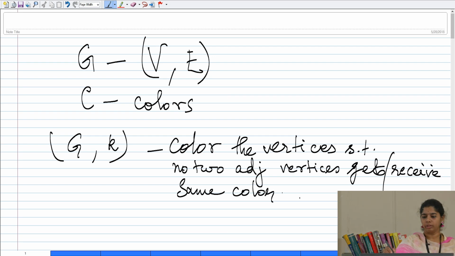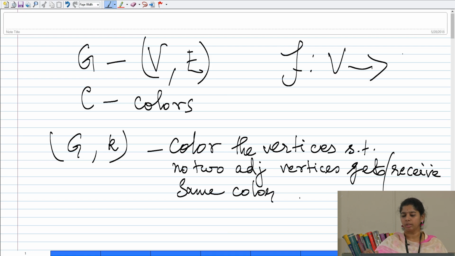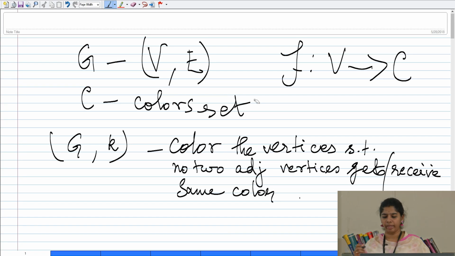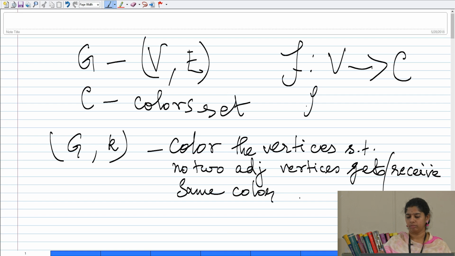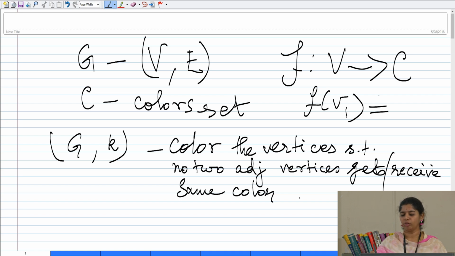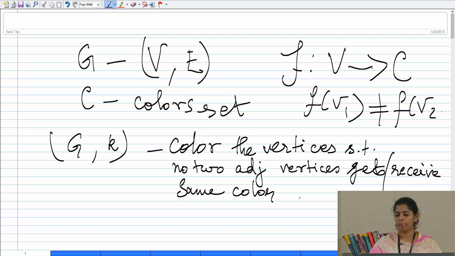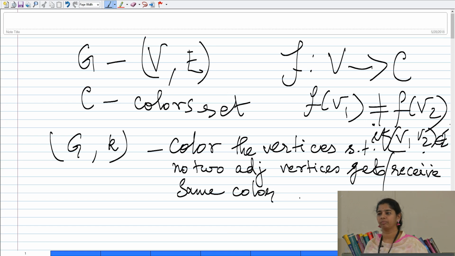Mathematically we will call it a mapping from V to a color set; suppose C is this color set, then I want to find a mapping f from V to C such that f(v1) is not equal to f(v2) if v1v2 is an edge, if it belongs to an edge, right.